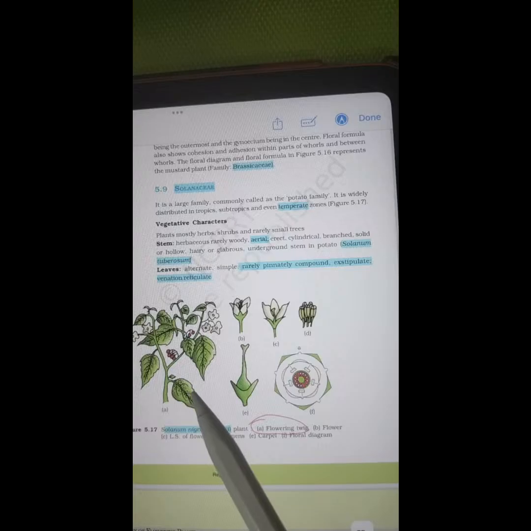A flowering twig is a part of the plant in which flowers have to be there, buds can be there, and leaves are there, so that we can have an idea about branching pattern and venation, and we can study the flower. Vegetative characters means we need to study root, stem and leaf, and reproductive characters can be studied with the help of the flower.